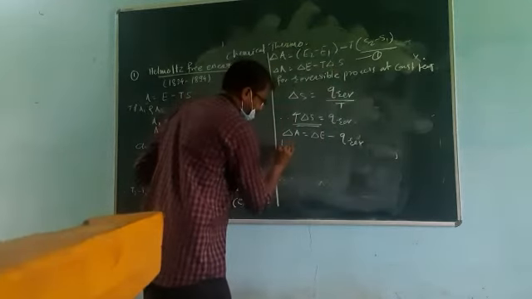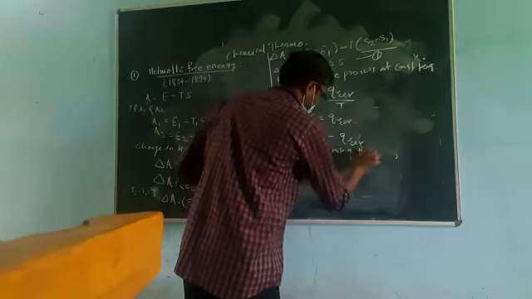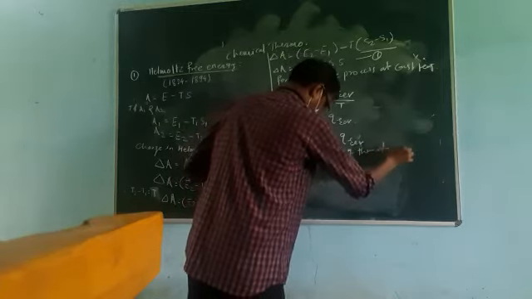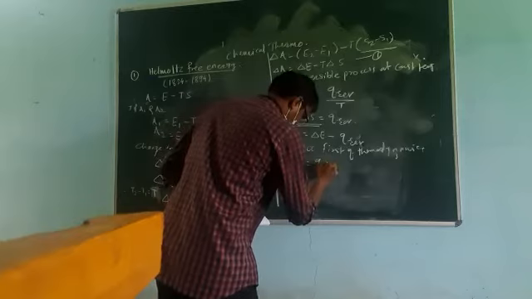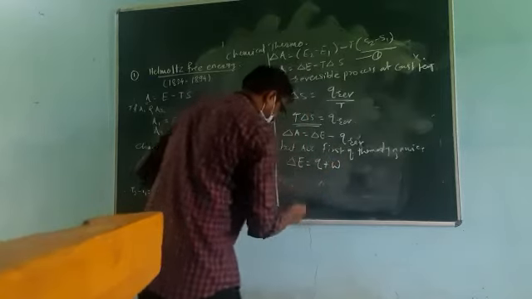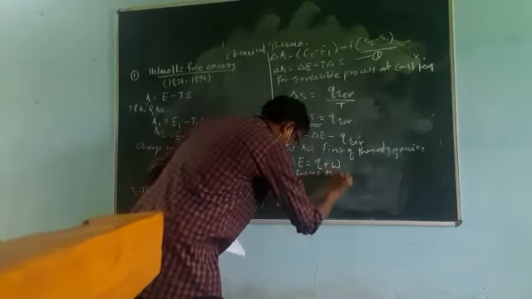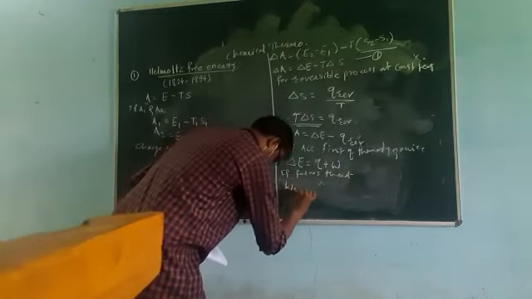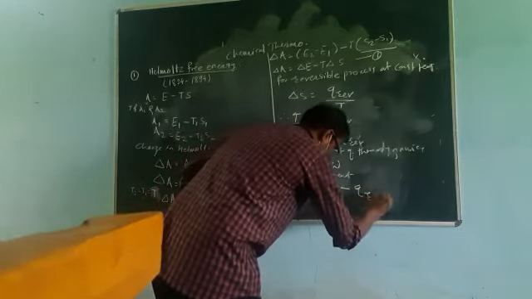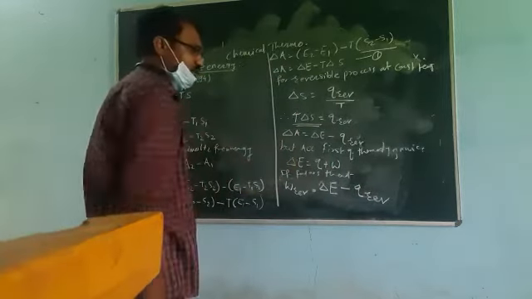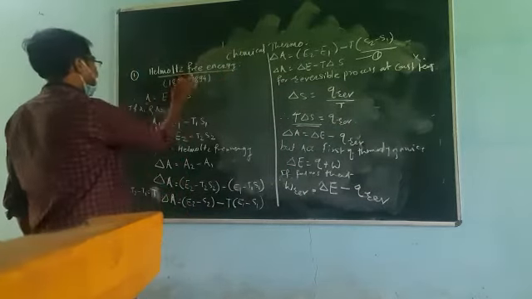According to the first law of thermodynamics, delta E is equal to Q plus W. It follows that W reversible is equal to delta E minus Q reversible.